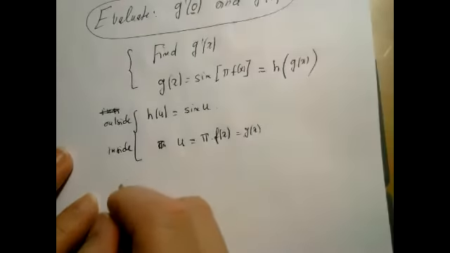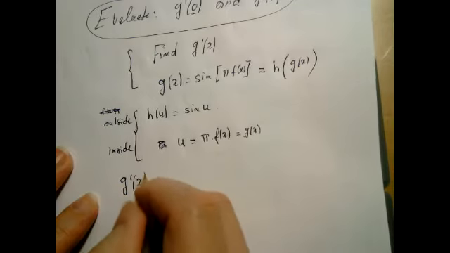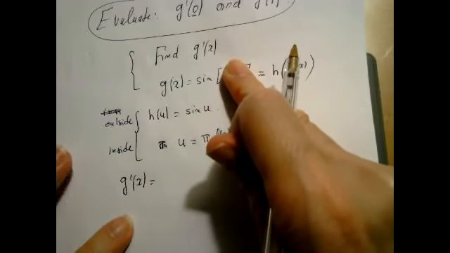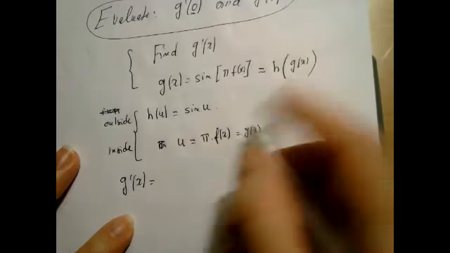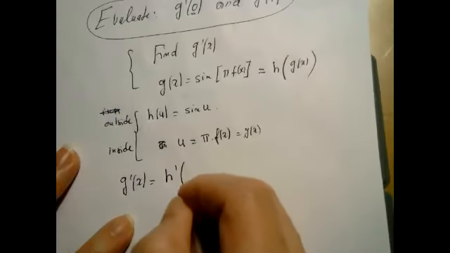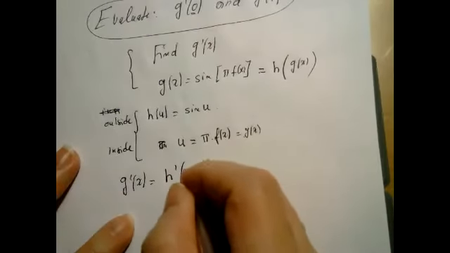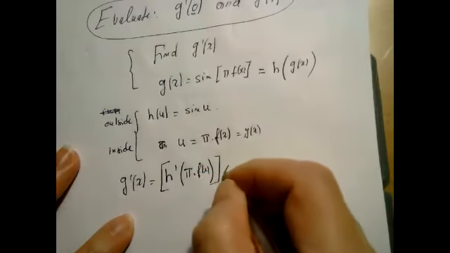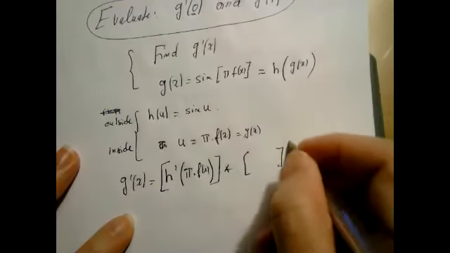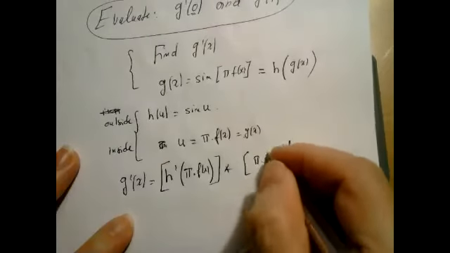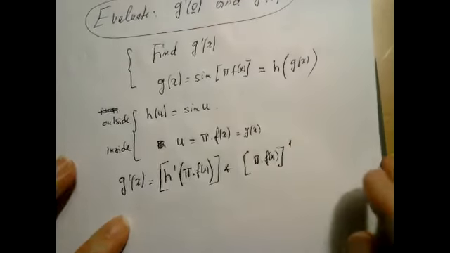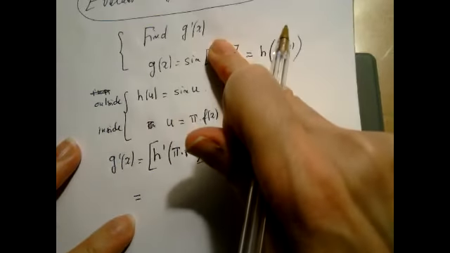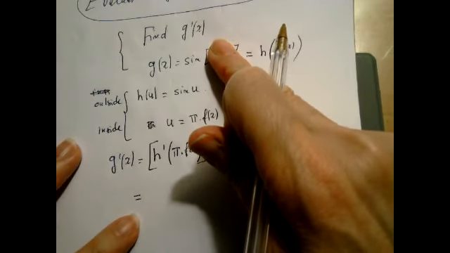So my derivative is the derivative of the outside, evaluated at the inside, times the derivative of the inside. What's the derivative of the outside? The outside is the sine. The derivative of the sine is the cosine.